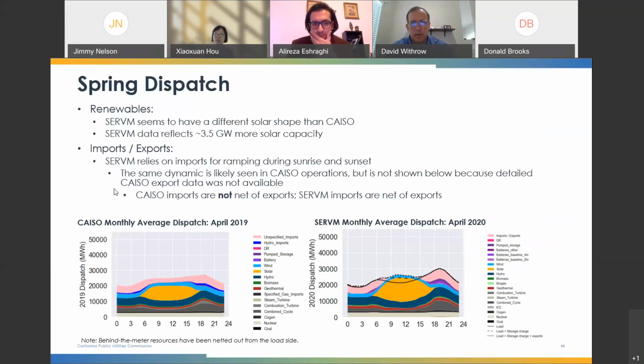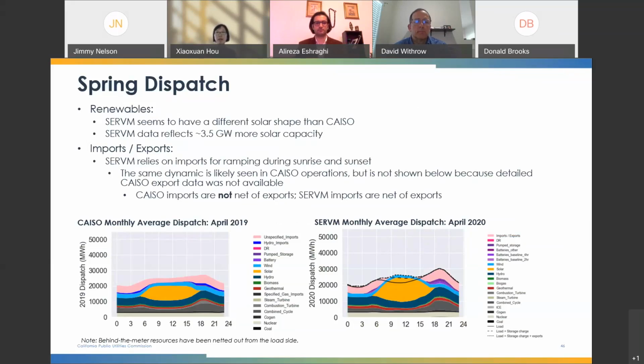The second difference on these two plots is the imports comparison, which is the pink area on top of both dispatch plots. On the SERVM side, we're not seeing any midday imports, and imports ramp up during early evening hours to provide reliability need, whereas on the CAISO side, I think in reality we were thinking CAISO would have a pretty similar dynamic, but that's not shown on this graph because we did not have CAISO's RA export data.